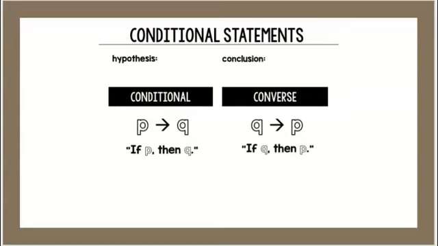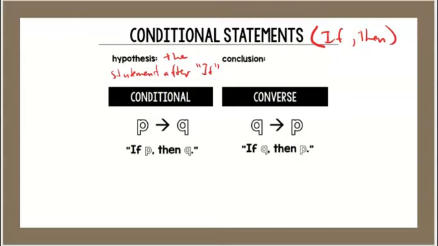But in math, it's much easier, because a conditional statement is a fancy way to say an if-then statement, which you'll hear me refer to quite often. The hypothesis is the statement after if.